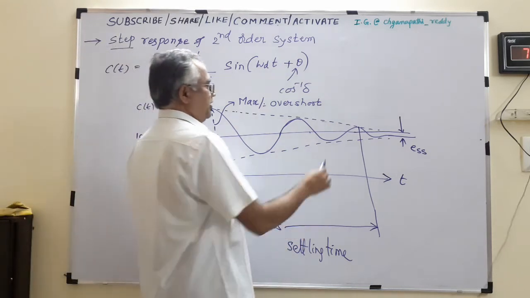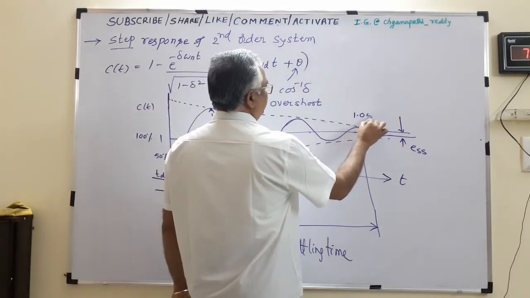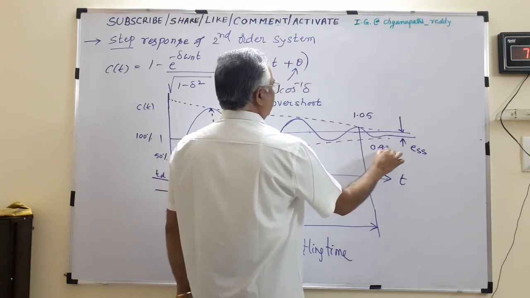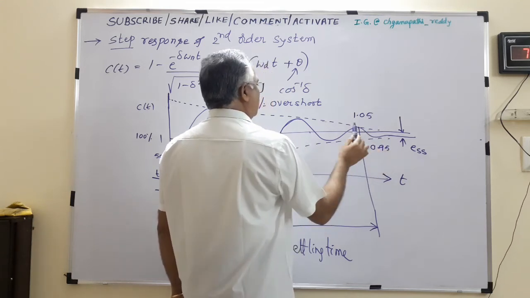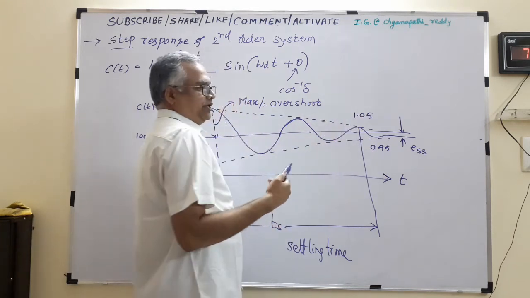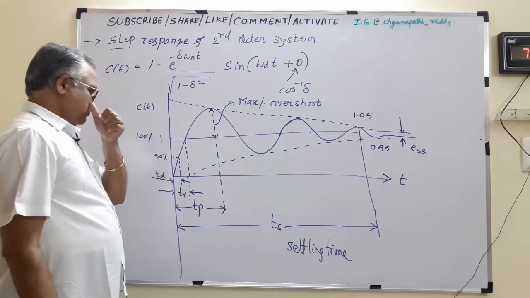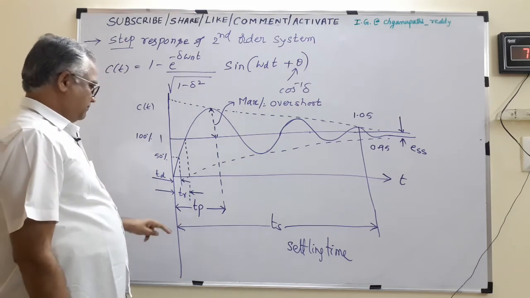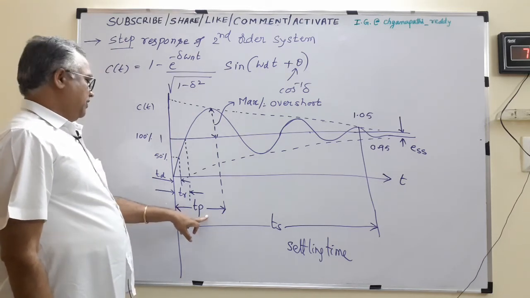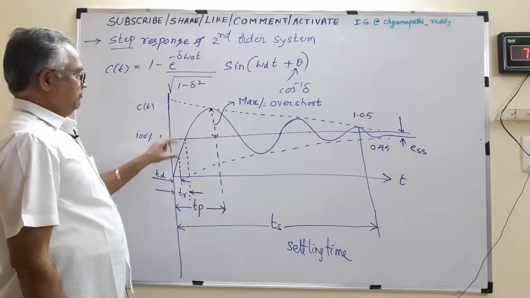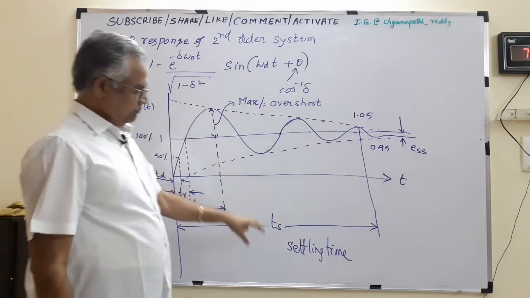If it is 5% above, 1.05. If it is 5% below, 0.95. One book takes 5%, another book takes 2%. Either way is alright. So that is called the settling time. What is TP? Peak time, rise time, delay time, maximum overshoot, settling time.